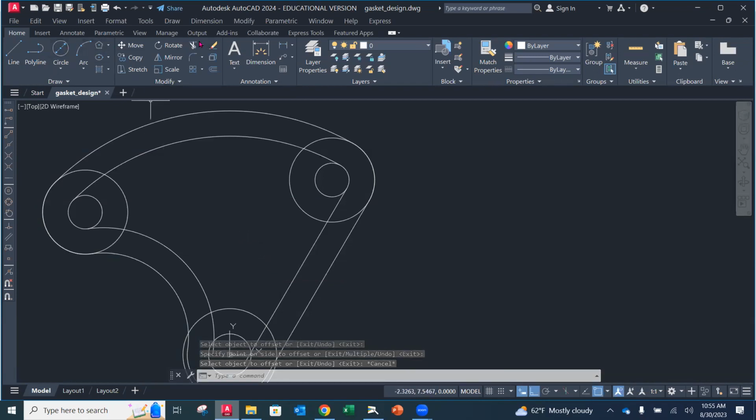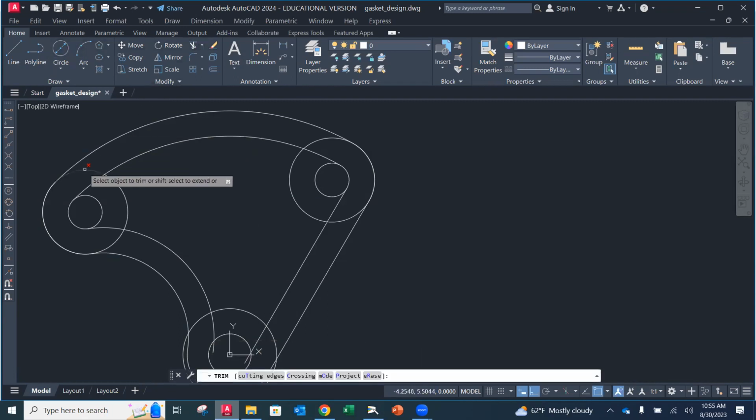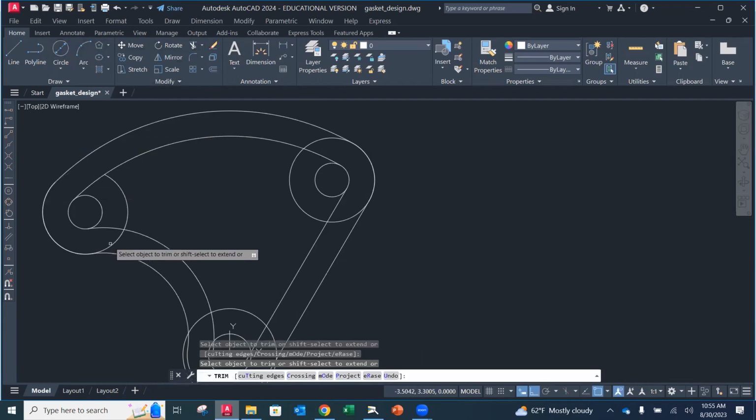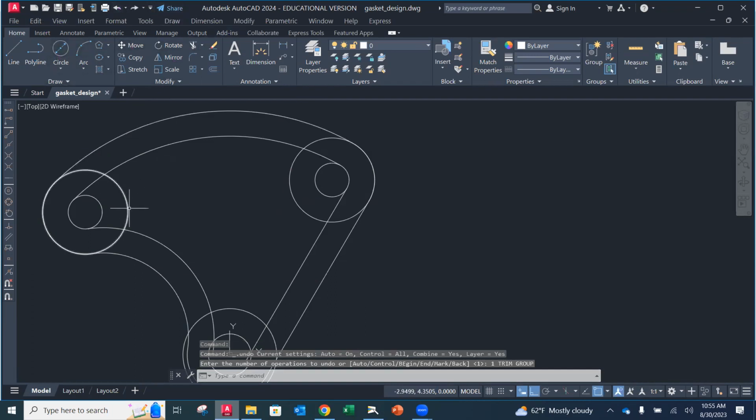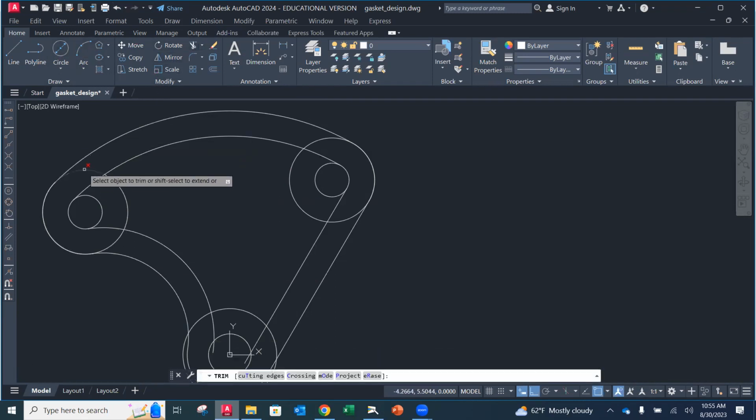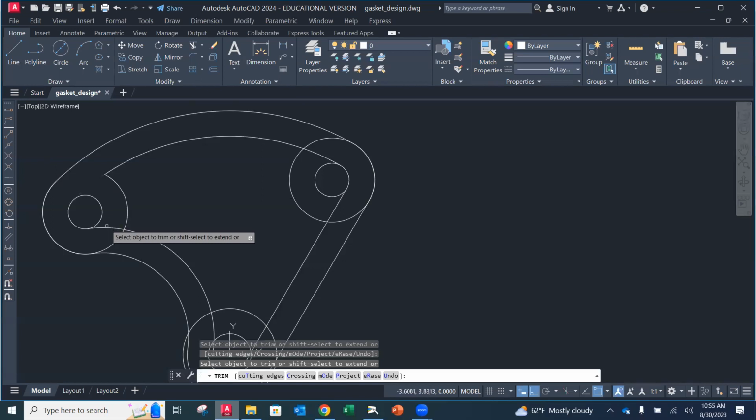So now I'm going to get rid of what I don't need. I'm going to trim away this, that, and that. Oops, I did the wrong side. See? So I'm going to do an undo. No worries. I need this inside to remain. I need that inside to remain. So I'm going to cut out this part, this part, this part, and that part.